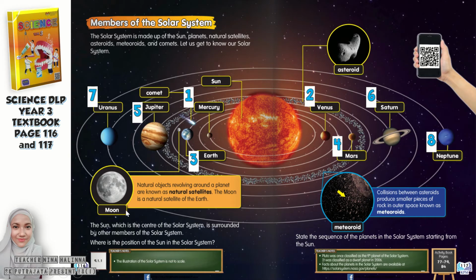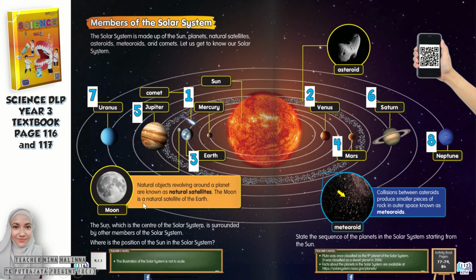Here, the moon. Hey, wait, the moon is also round, but isn't the moon a planet too? Well, no, the moon is not a planet. Okay, let's read up. Natural objects revolving around a planet are known as natural satellites.